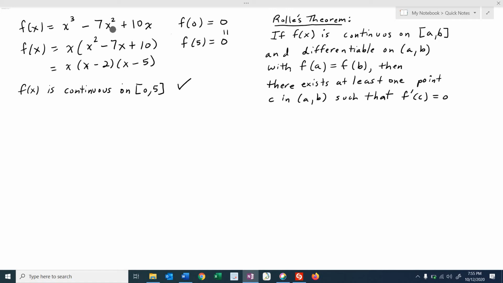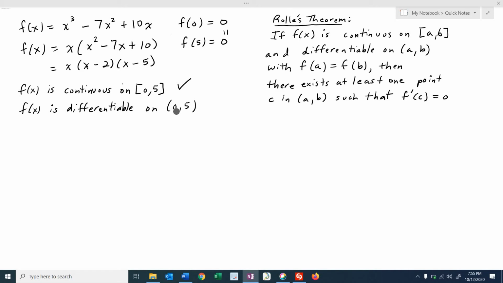And polynomials are differentiable everywhere. So, in particular, this is going to be differentiable on the open interval from 0 to 5. Remember, differentiable just means the derivative exists.